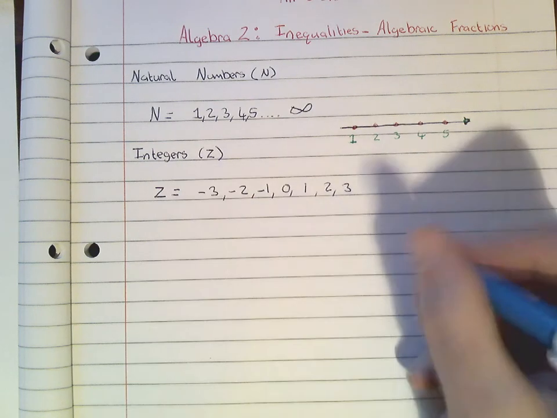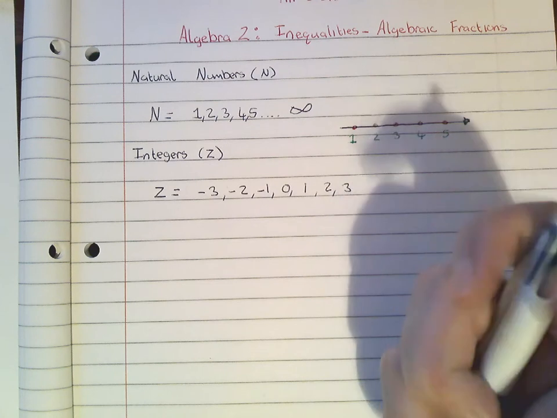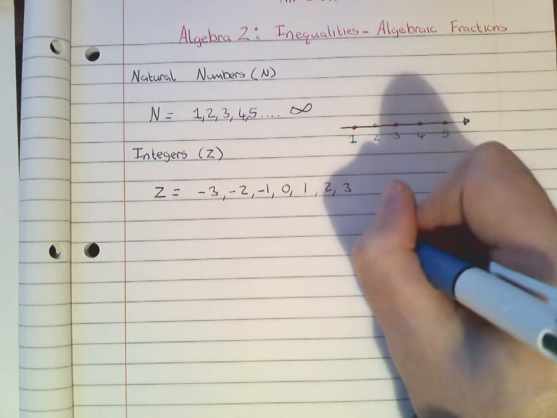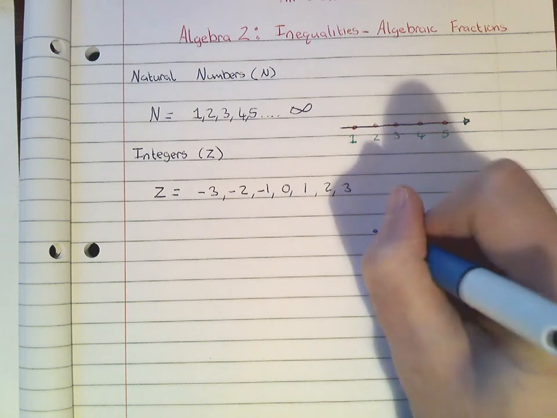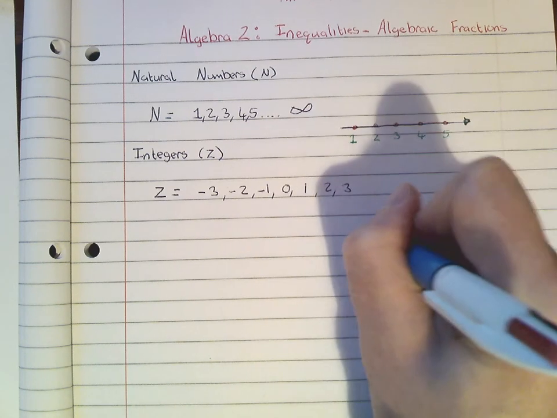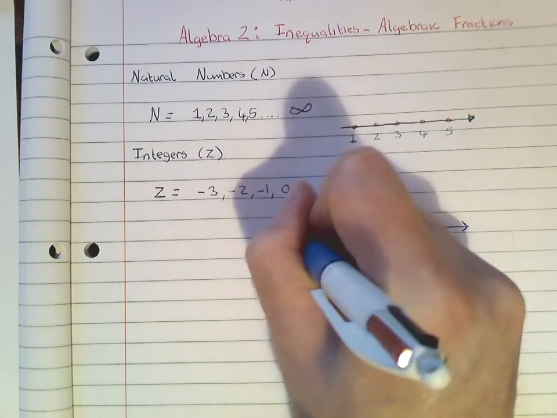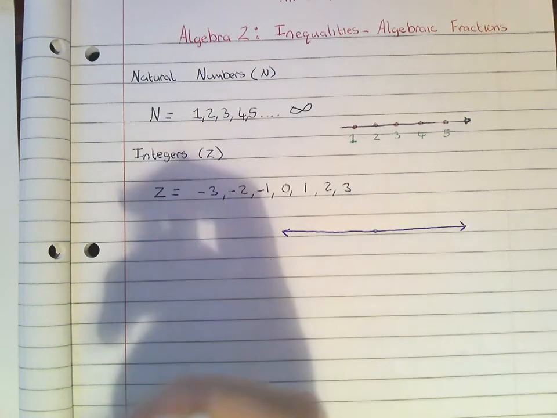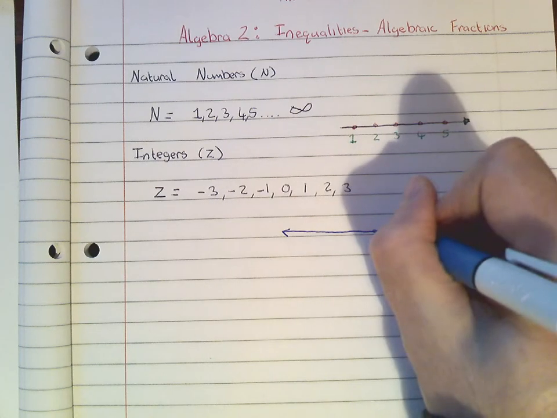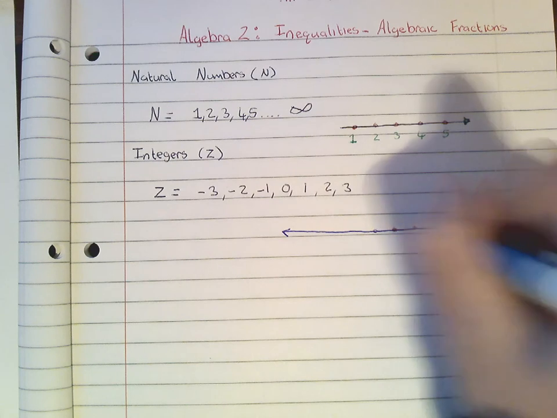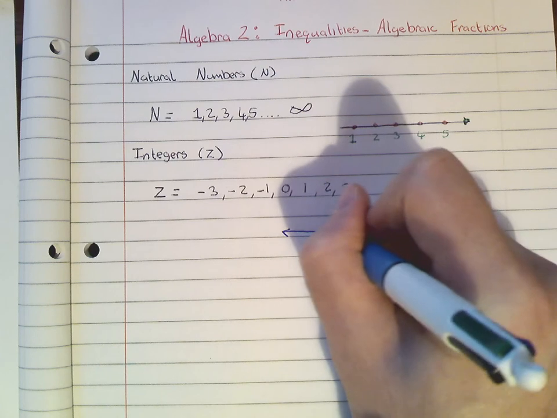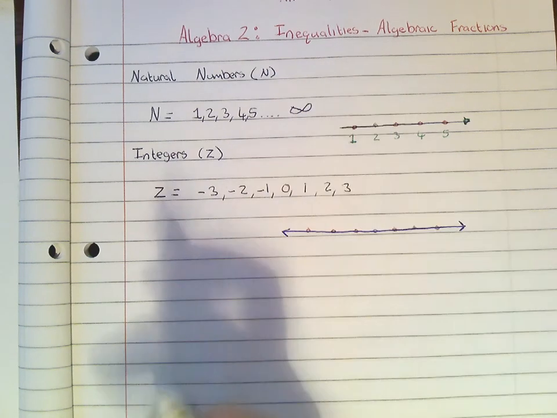Again, we can represent these on a number line. Let's start in the middle. This is 0, and we move in this direction, and then we also go in this direction. We can represent each of the dots. The middle is 0, then you have 1, 2, 3, and on the other side, -1, -2, -3.